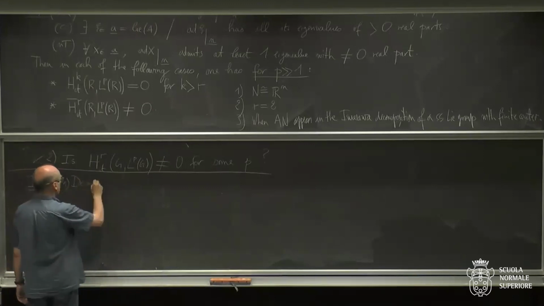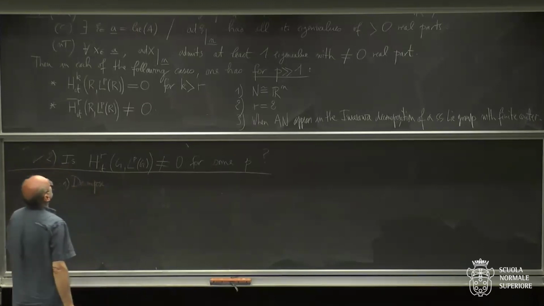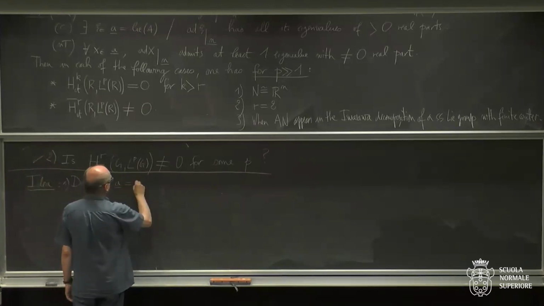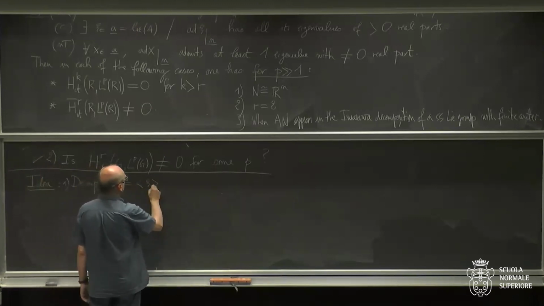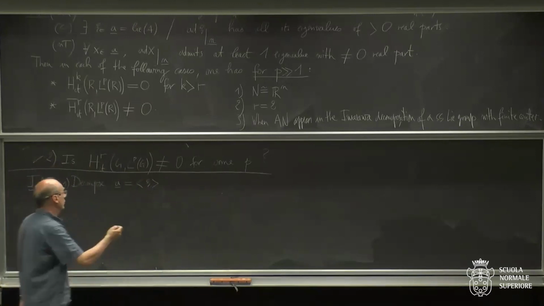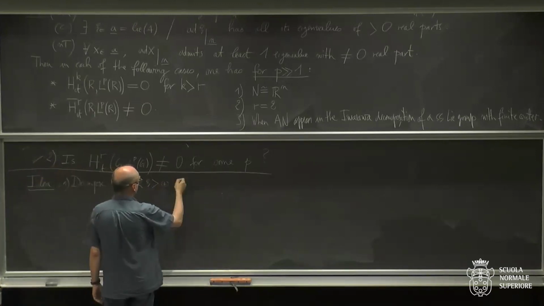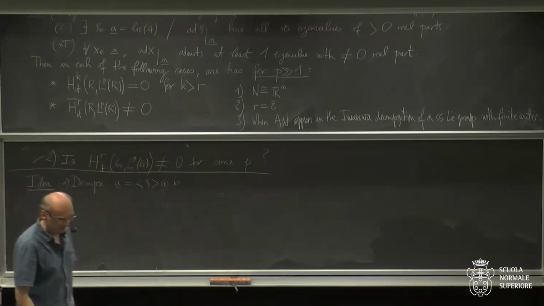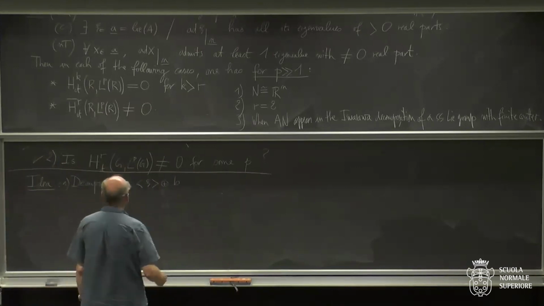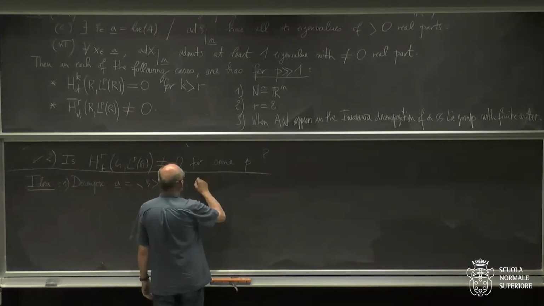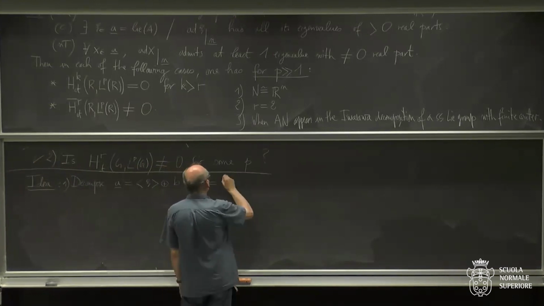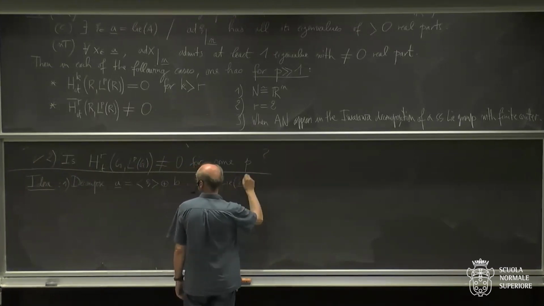So first we decompose A as the part generated by this contracting vector plus some complementary part that you can, for example, take the trace zero, and you let B be the Lie algebra of B.